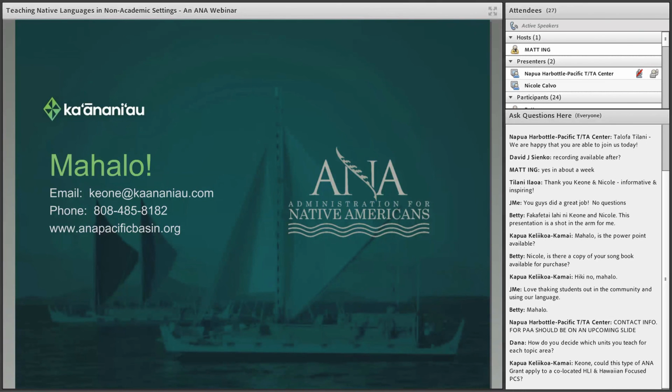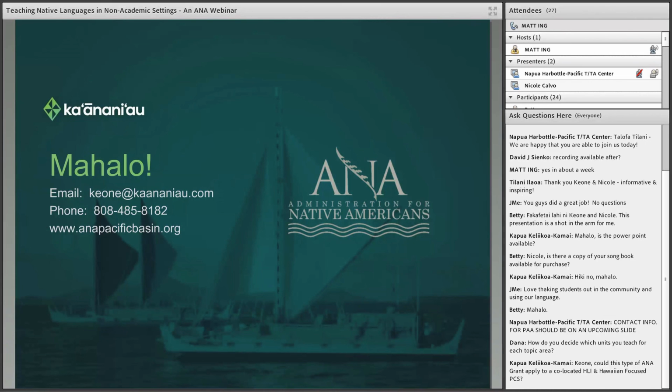Could this type of ANA grant apply to a co-located HLI and Hawaiian focus PCS? It can, as long as the participants are in the eligible group, that is Native Hawaiian, Native American from any recognized tribe, Chamorros, Carolinians from CNMI, Tokelauans, and American Samoans.